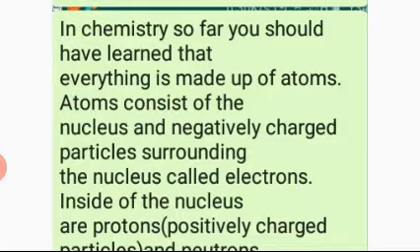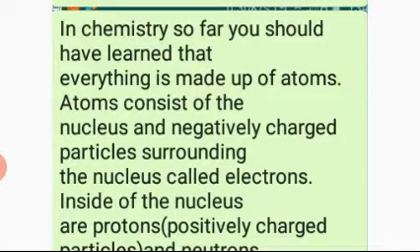In chemistry so far you should have learned that everything is made up of atoms. An atom consists of a nucleus and negatively charged particles surrounding the nucleus called electrons.